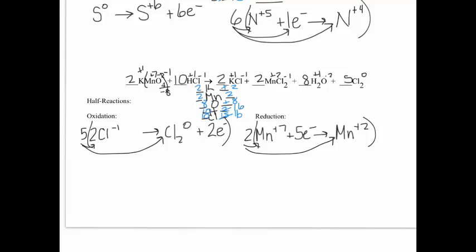Not exactly the number I was hoping for. But what I see happened, and another good lesson in why you do this and wait till the end for your hard ones, these are both 10, these are both 16, and they are both in this compound here. So we can actually change this coefficient to 16. That fixes this, and it's balanced.